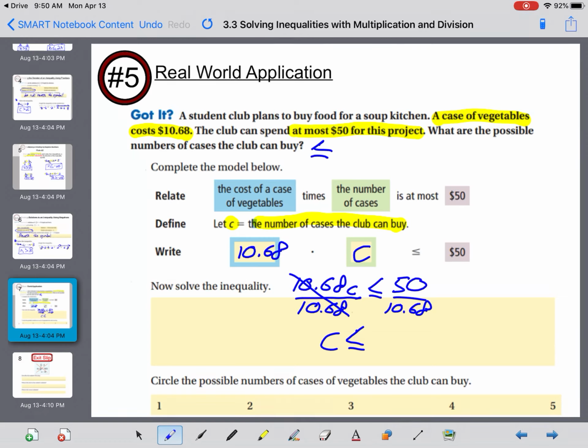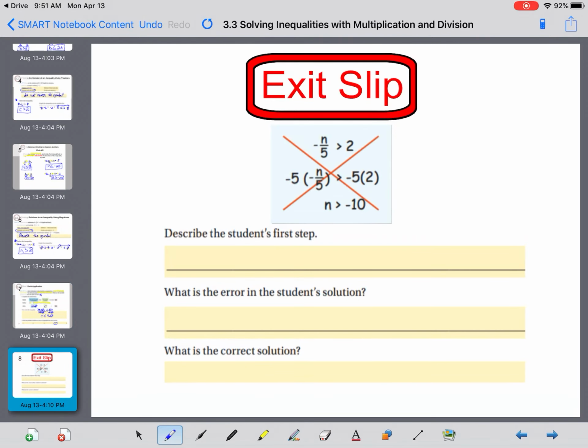And when you plug that into your calculator, we get 4.68 cases. Now, we can't reach 5 cases because we can't afford it. So the number of possible cases of vegetables the club can buy is only 4. Because we can't buy 0.68 of a case, so we just round down to 4.